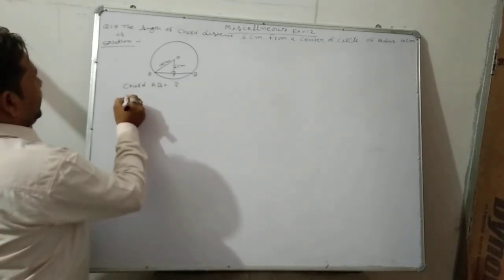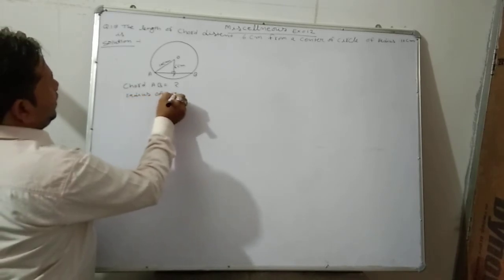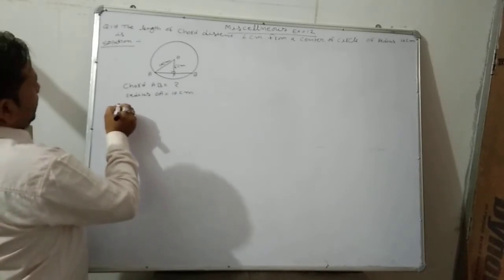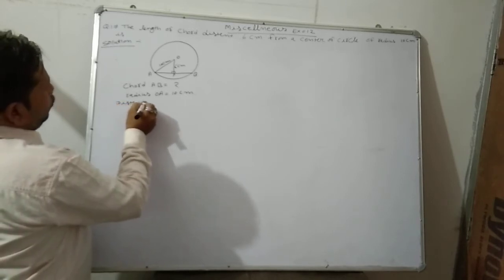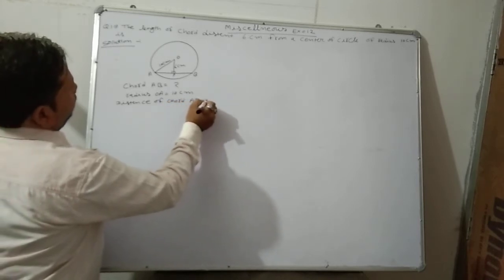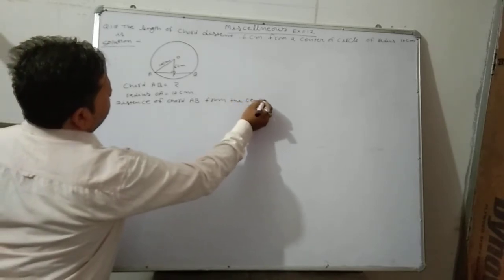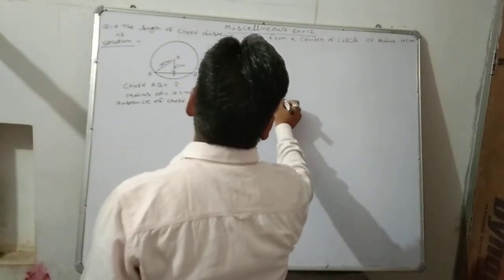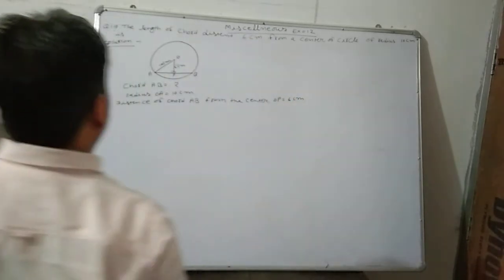Radius OA is equal to 10 centimeter and the distance of chord AB from the center, named OP, is equal to 6 centimeter.